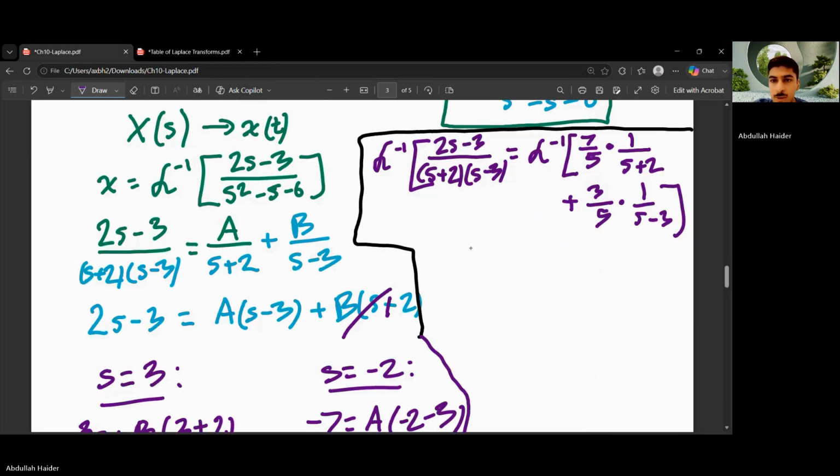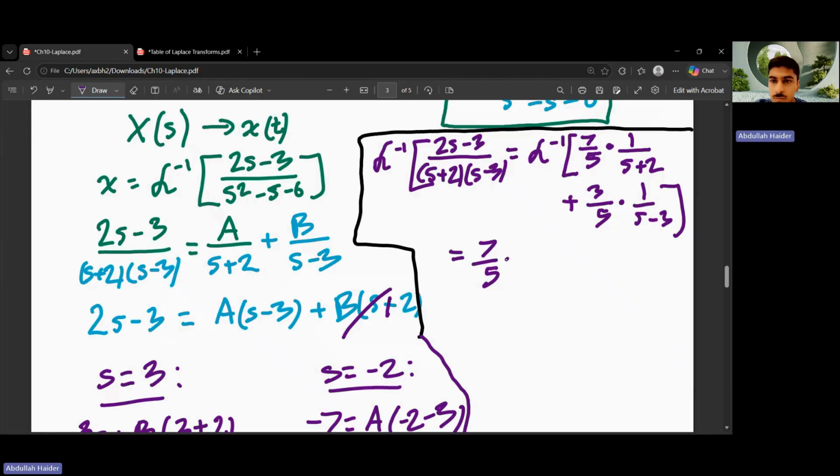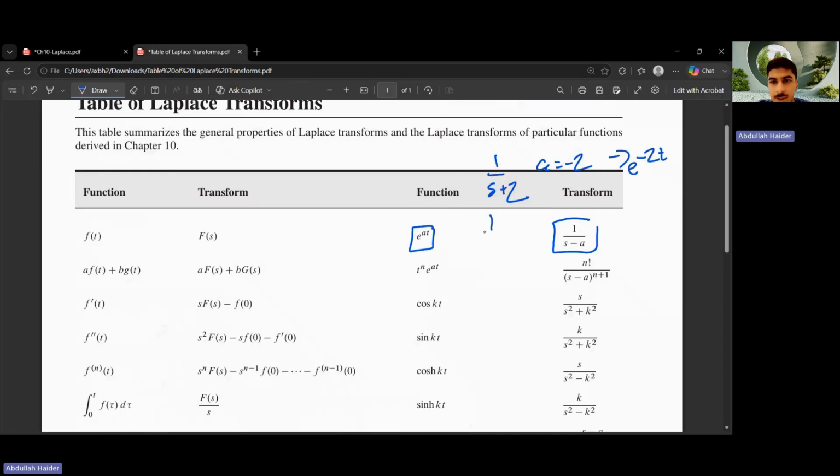So this is equal to 7 over 5 e to the power minus 2t, plus, now 3 over 5 times 1 over s minus 3. We have 1 over s minus 3 in this case, your a is 3, so e to the power 3t.